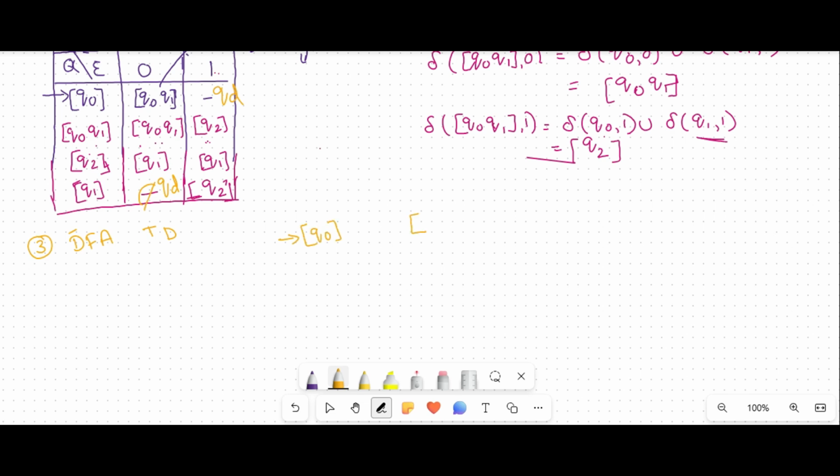Q0, Q1 is one state, Q2 is one state, Q1 is one state, and QD we have considered. So totally 5 states are present in our DFA.